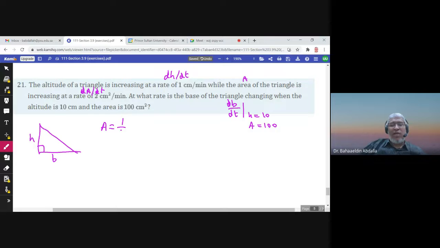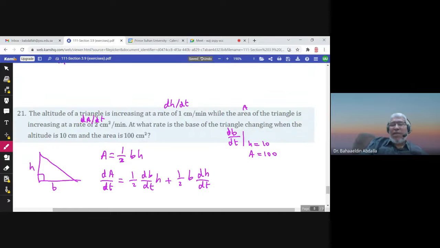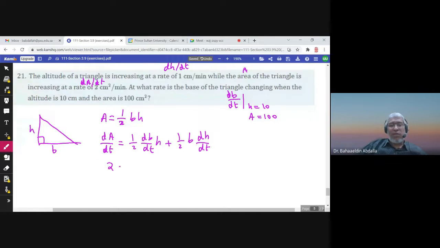We know that A is half times B times H. So let us find the derivative with respect to T. dA by dt is half times derivative of B times H using the product rule plus half B times the derivative of H with respect to T. So dA by dt is 2 centimeter. dB by dt is unknown. H is what? Is 10.